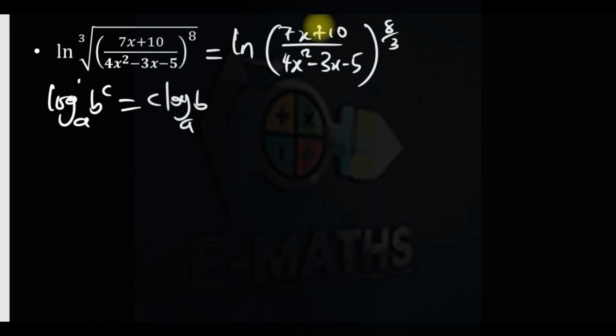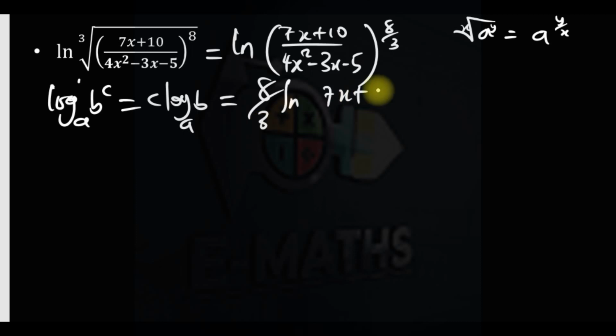From indices, a to the power y over x is the same as the x-th root of a to the power y. So that's what I used here. Next, we apply the laws of logarithm, so we can write this as 8 over 3 ln of 7x plus 10 over 4x squared minus 3x minus 5. So the two are the same.